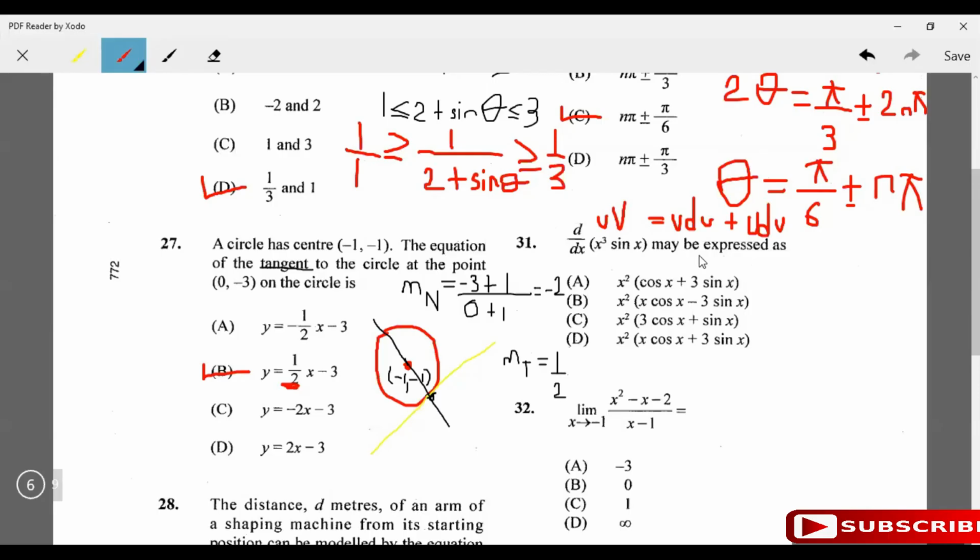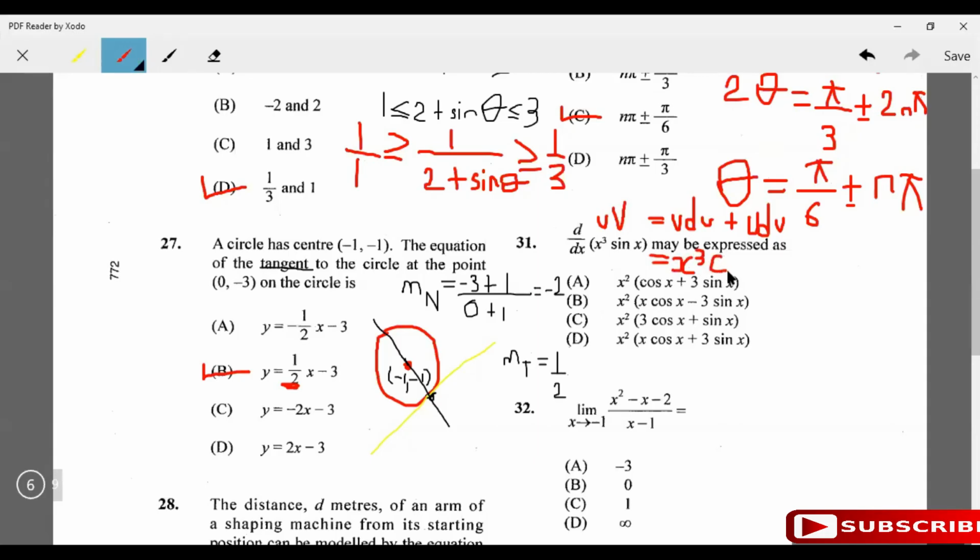So it's going to be x cubed, and when we differentiate sine x, we get cos x. So we get v, which is sine x, times 3x squared, and then x cubed times cos x. I'm going to write c for cos x.